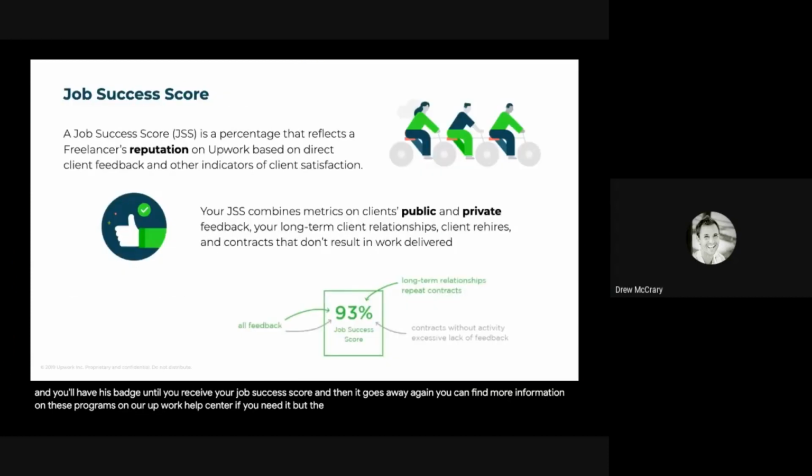But the job success score is the score you get based on a combination of public and private feedback, your long-term client relationships, rehires, contracts that don't result in work delivered. So this is the system by which a lot of clients will look at your score. I'm sure many people ask, what happens if I don't have this score, but I've done a lot of work in my life or off the platform or on other platforms or whatever.